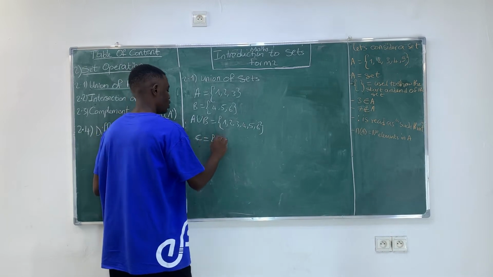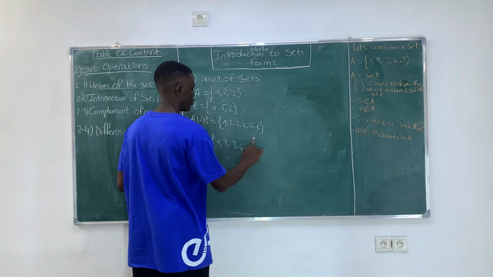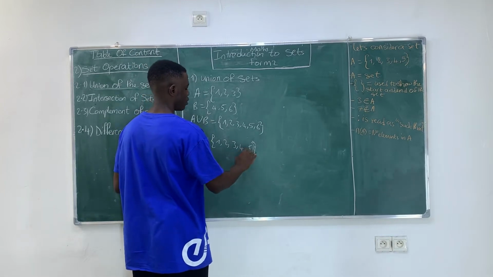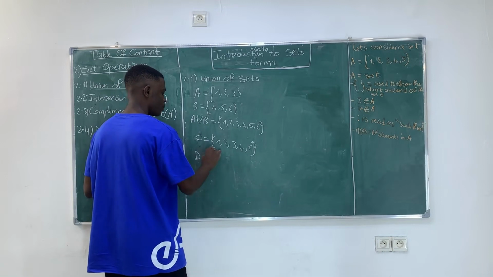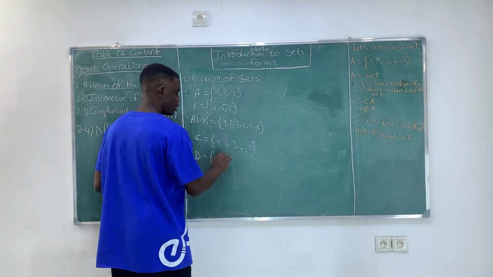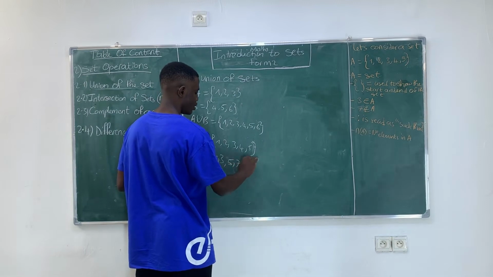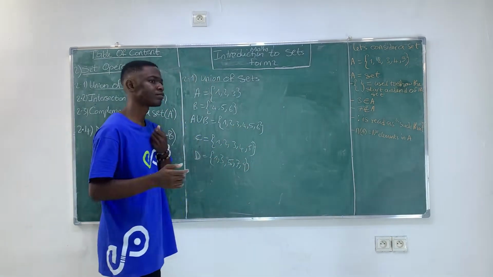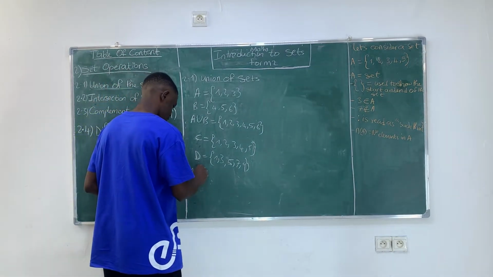Set A: 1, 2, 3, 4, 5. And set B: 1, 2, 5, 7, 9. What is A union B?